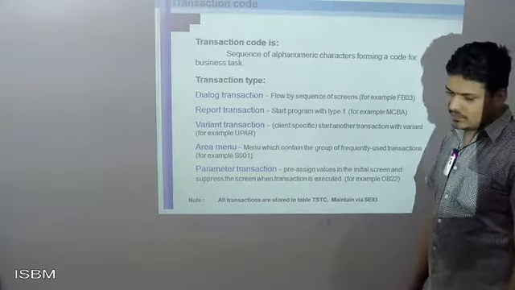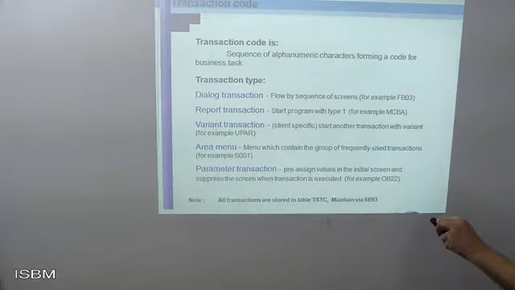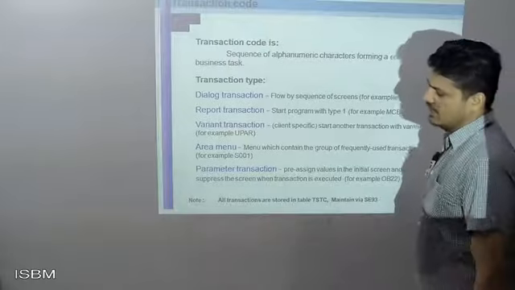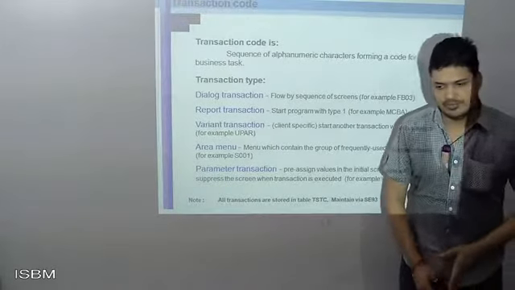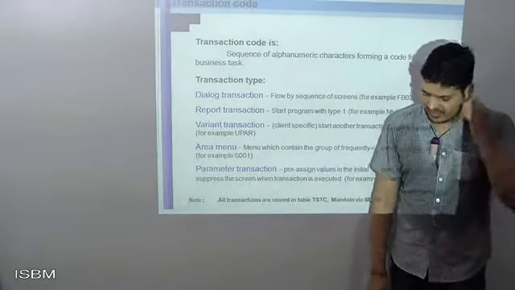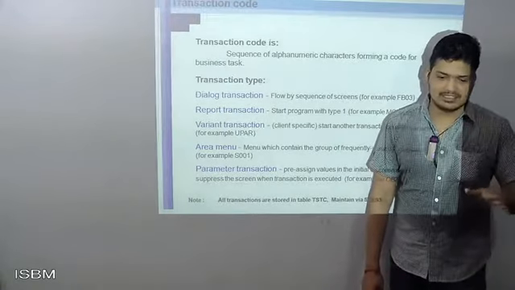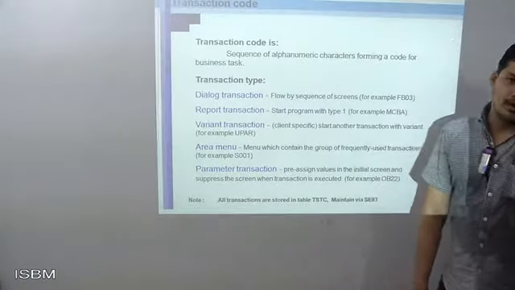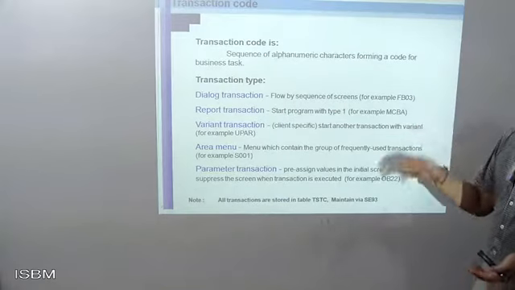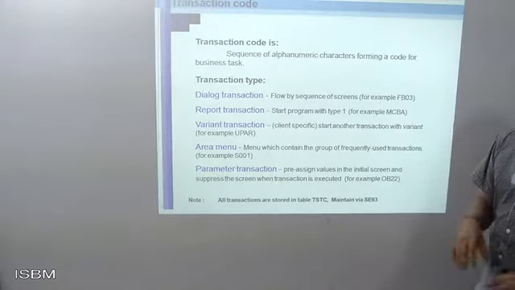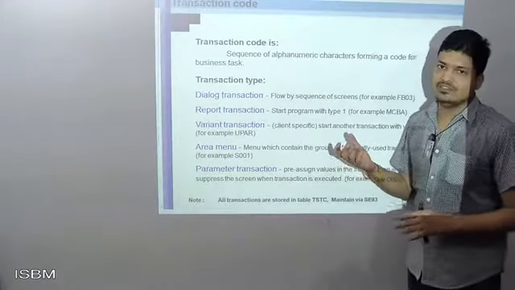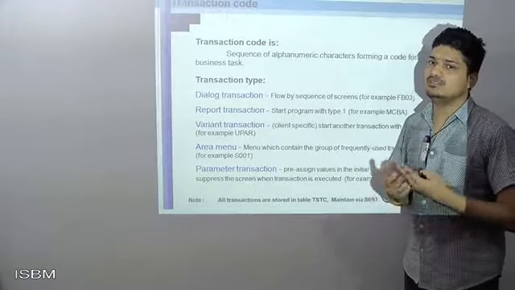So here we can see there are different kinds of transactions. Basically with transactions in SAP, we can reach anywhere. If you want to create an invoice, there is the transaction VF01. With it you can create an invoice. Then VF02 is to change the invoice, and VF03 is to display the invoice.